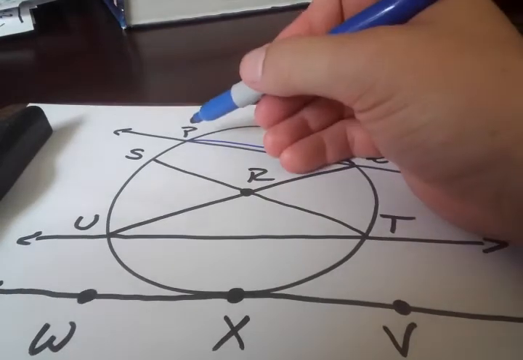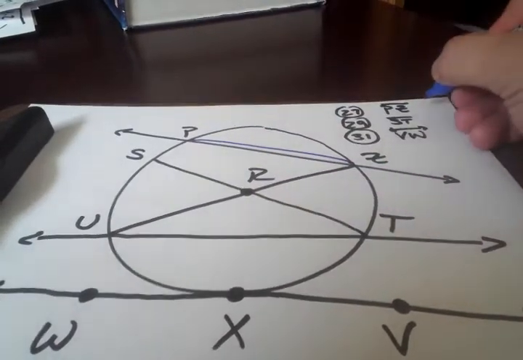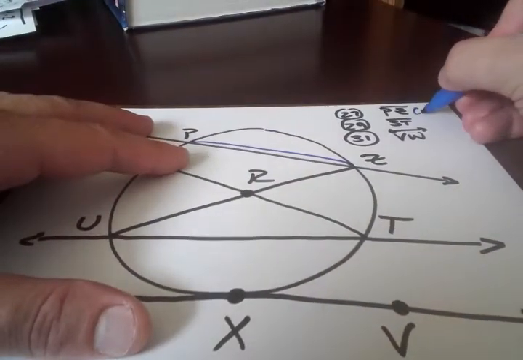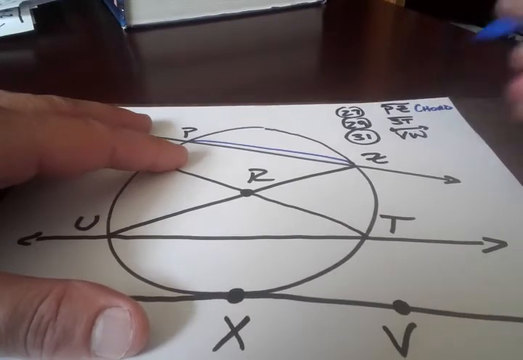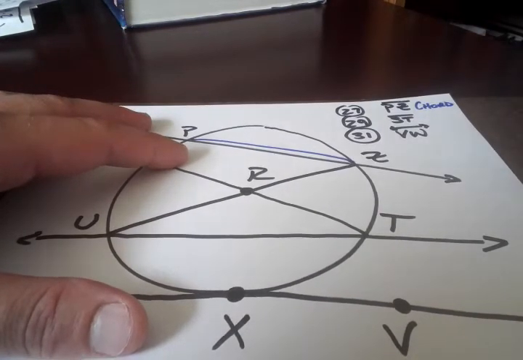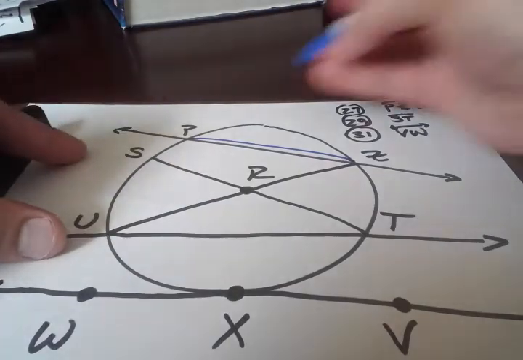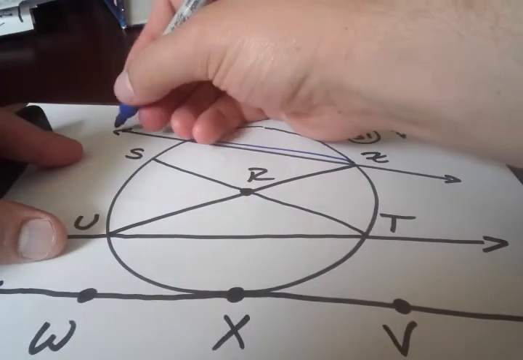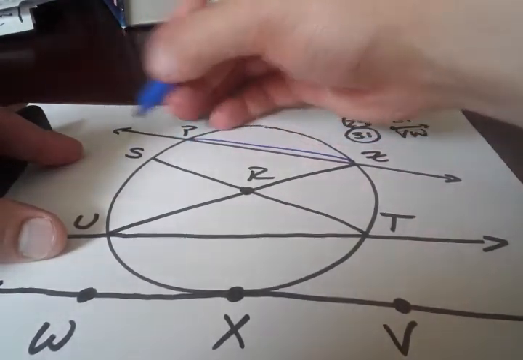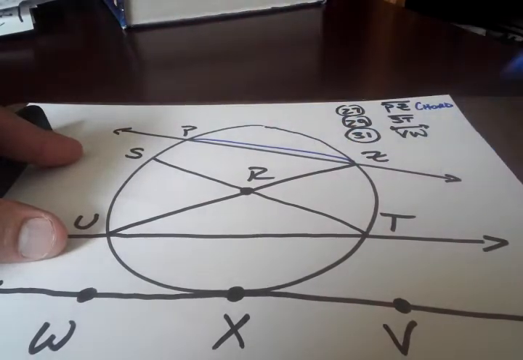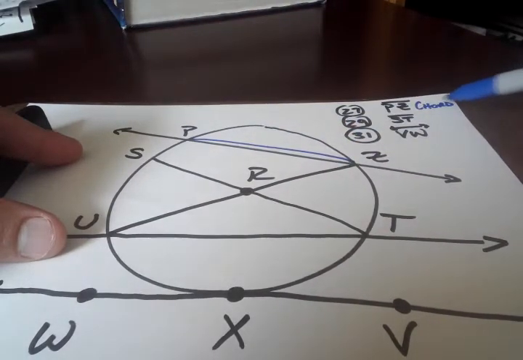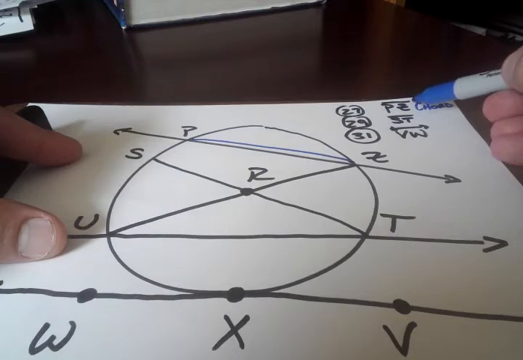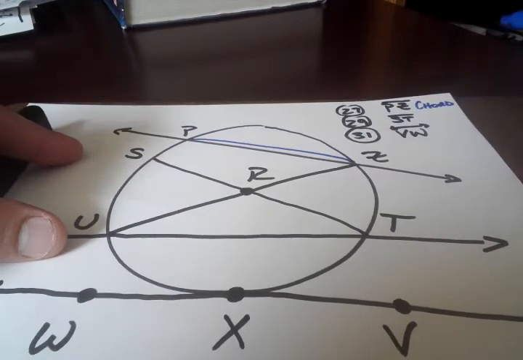The type of segment that is a chord. All right, so PZ is a chord. Now, if they had wanted the whole line, what's similar to a chord, but it's a line? It would be called a secant. But since it's the segment, it's just a chord.